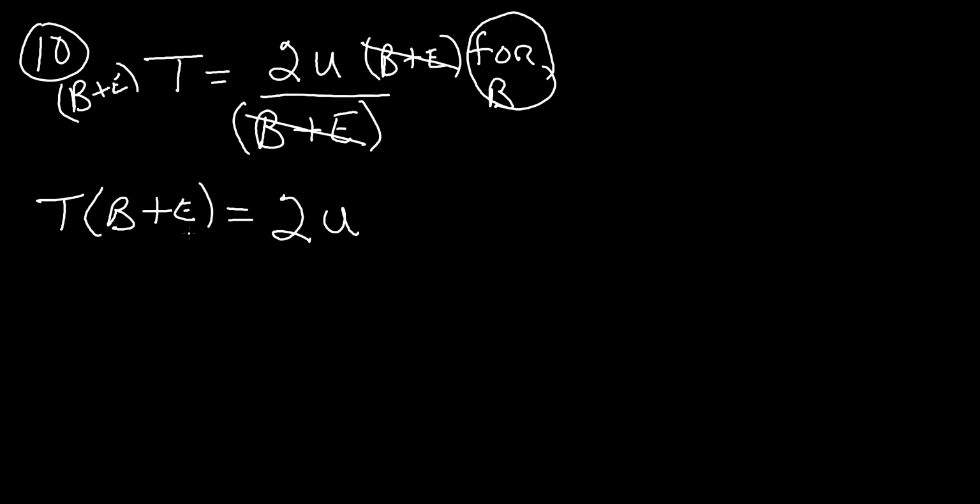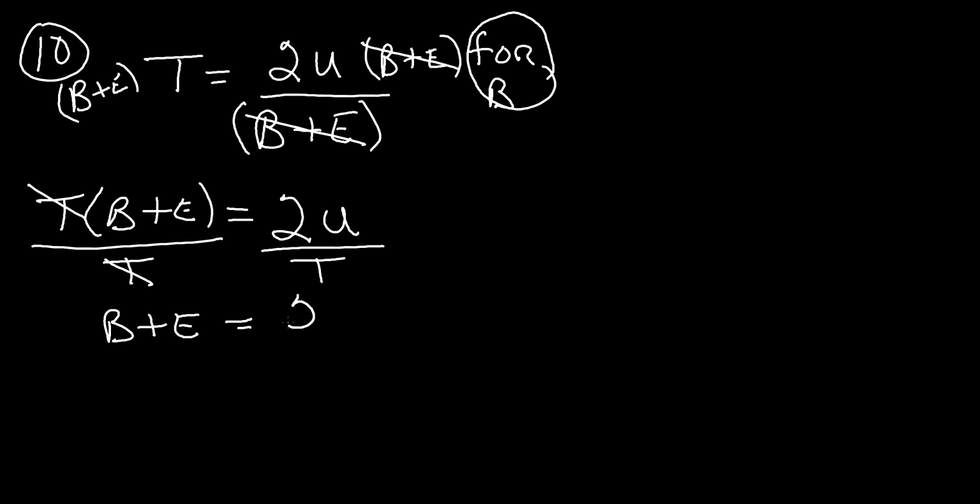Okay, working on getting b by itself. I've got t times this, so I'm going to divide both sides by t to get rid of the t on the left side. The t's cancel out, and I'm left with b plus e, which equals 2u over t.